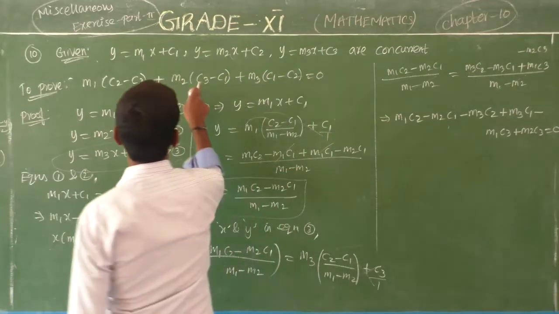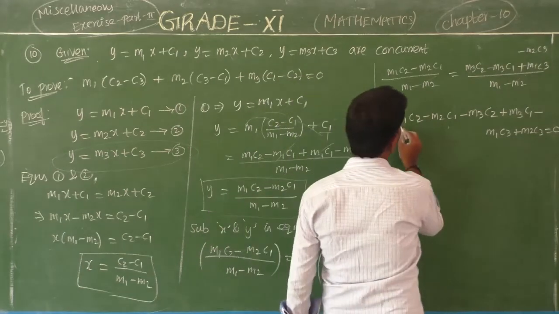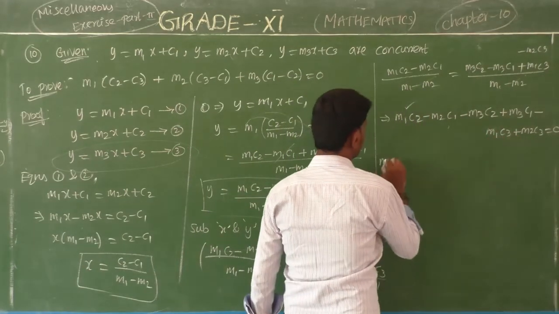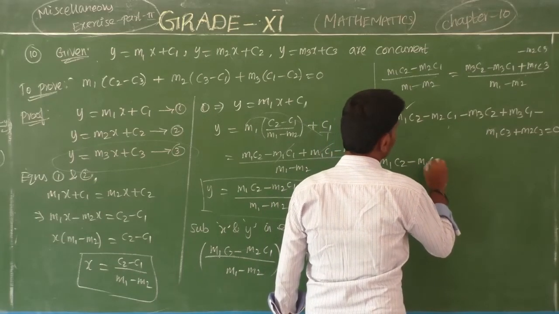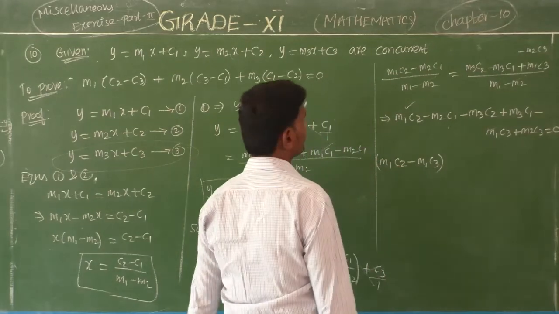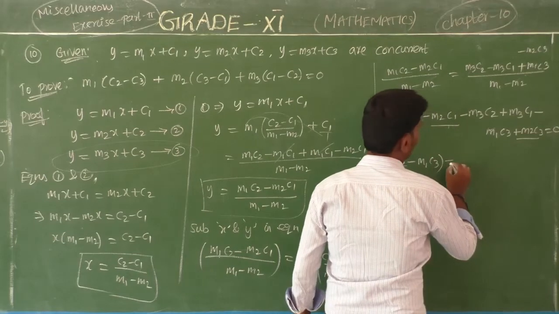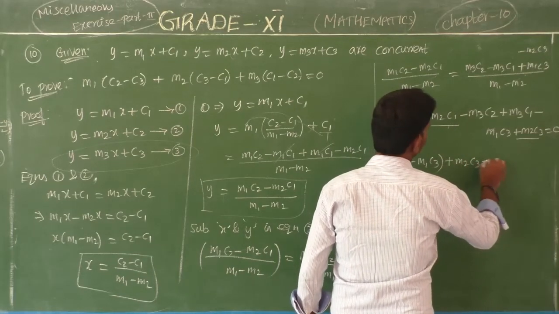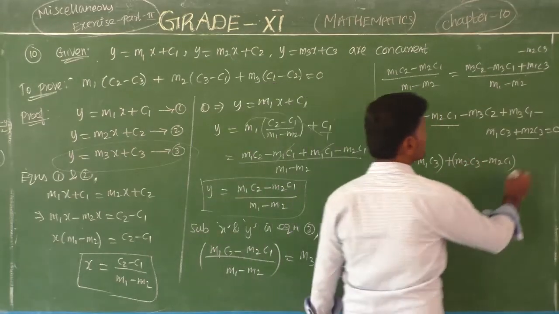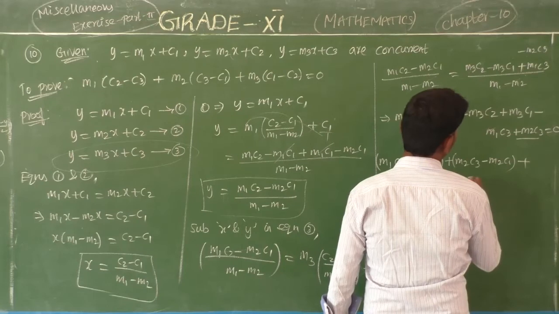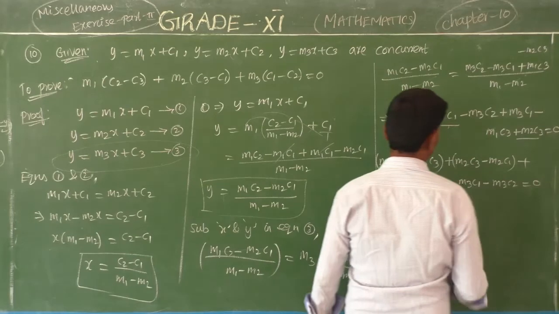So I am going to group them: the terms of m1, that is m1c2 minus m1c3, and the terms of m2, that is plus m2c3 minus m2c1. Arranging the terms is not a problem. Plus taking the terms of m3: m3c1 minus m3c2, which is equal to 0.